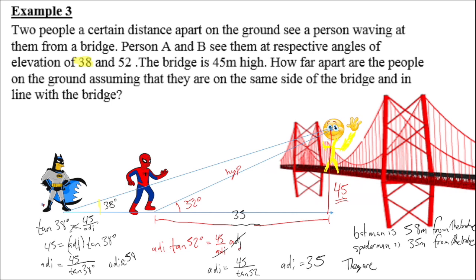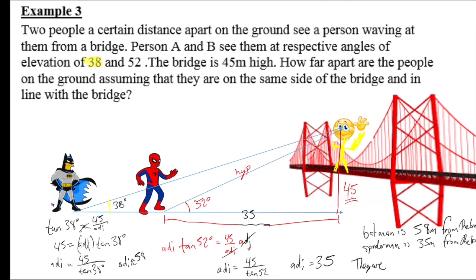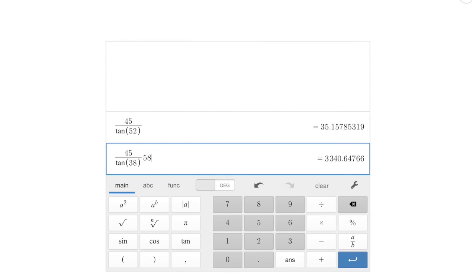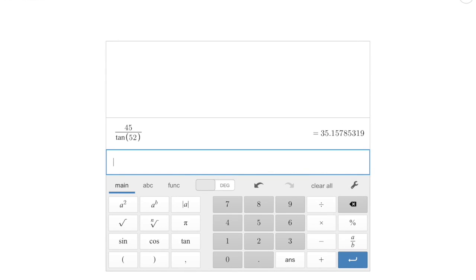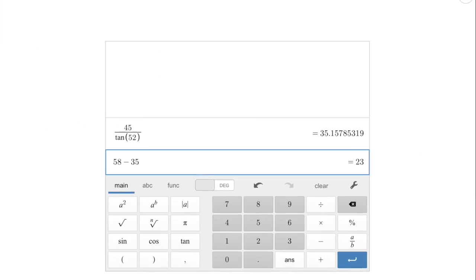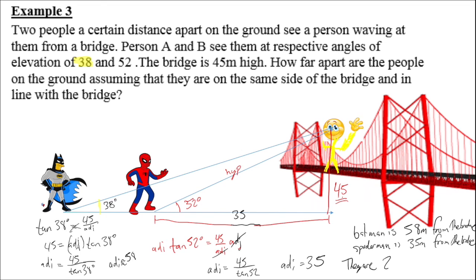They are 58 minus 35 meters apart. 58 minus 35, 23 meters apart. And that's the answer.